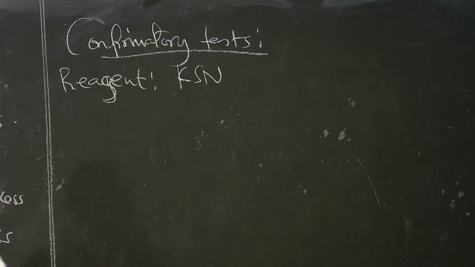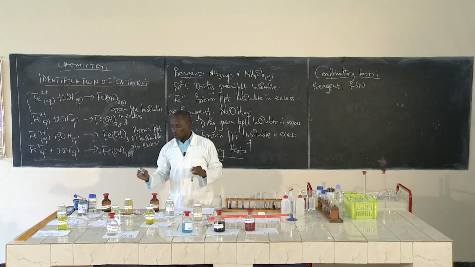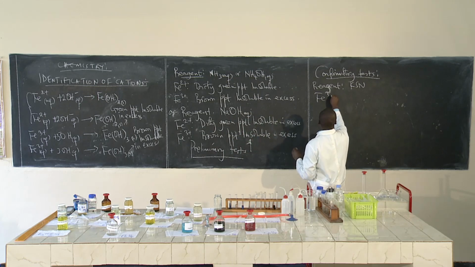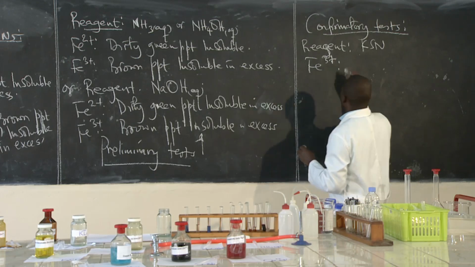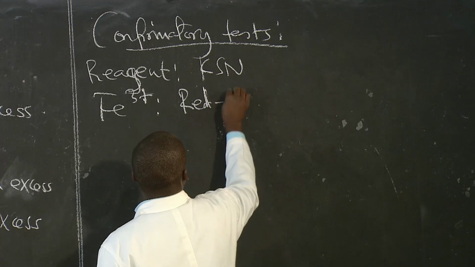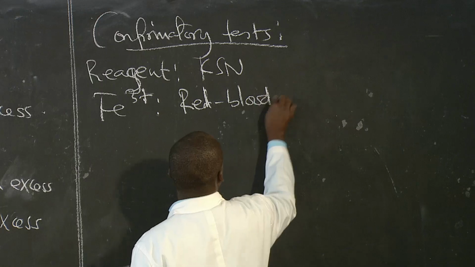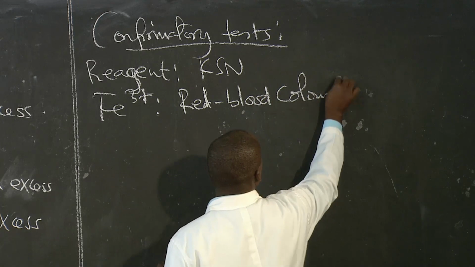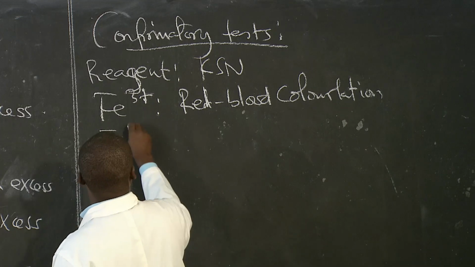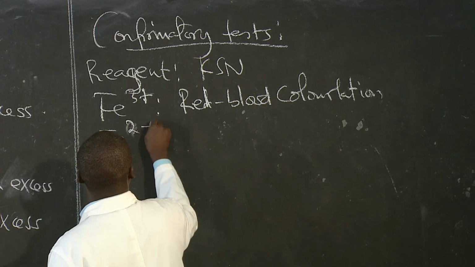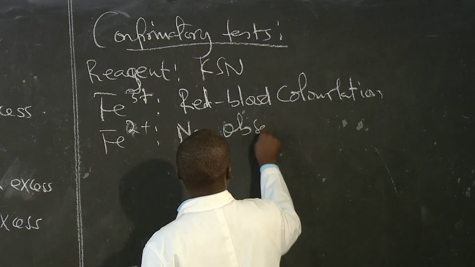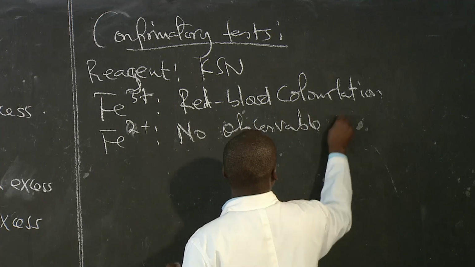You remember what happened with this? With iron 3 ions, there was red blood coloration. With iron 2, there was no observable change.